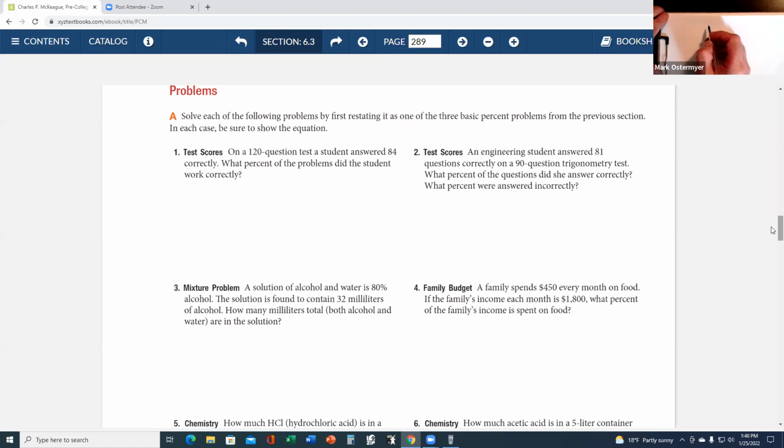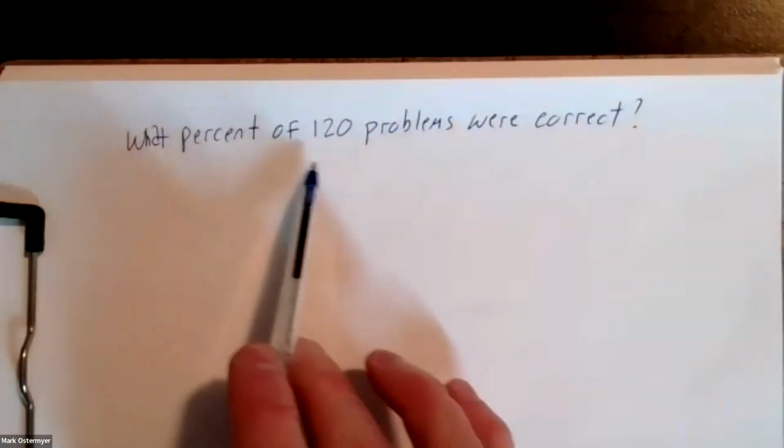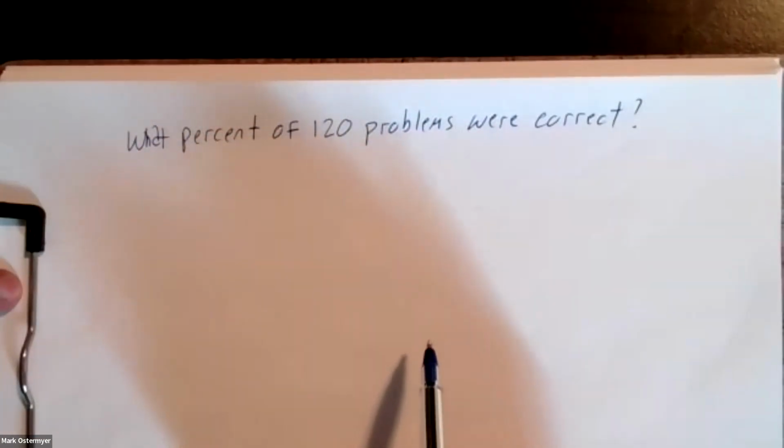The question they're asking suggests: what percent of the 120 problems, 84 were correct? Think of the question as being phrased that way. So what percent of 120 problems were correct?